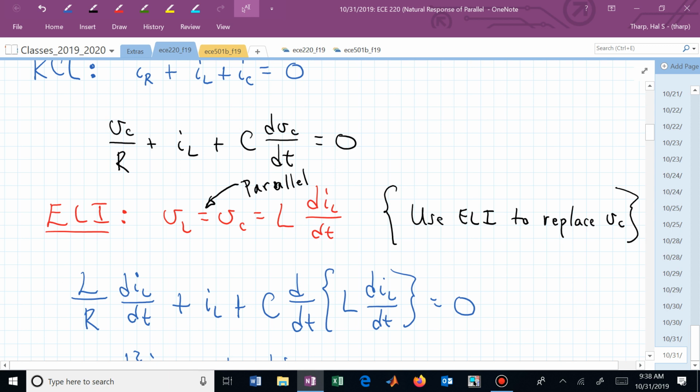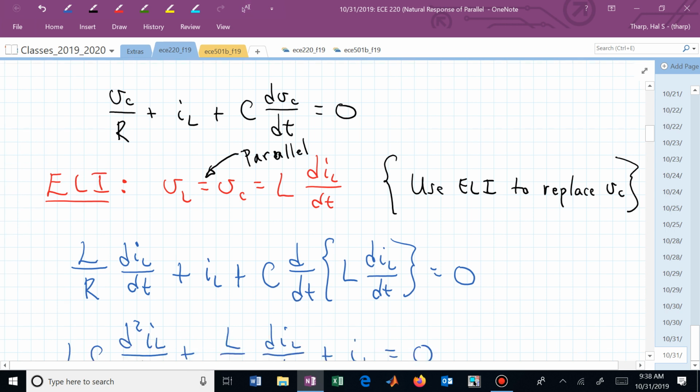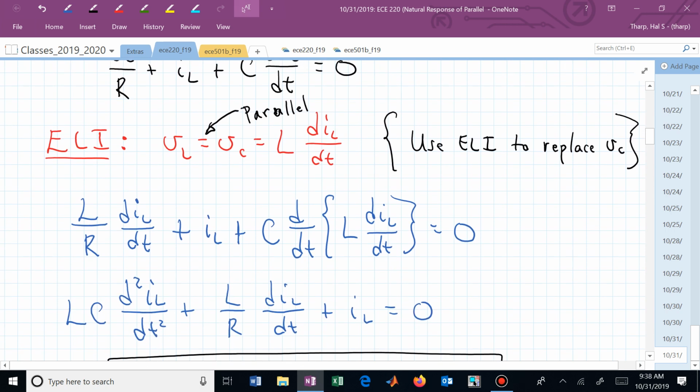And we're assuming all of our circuit elements are time invariant or constant. That allows us then to slide those outside of our derivative operation, rearranging that equation in terms of highest derivatives on the left, and then we just work our way down.